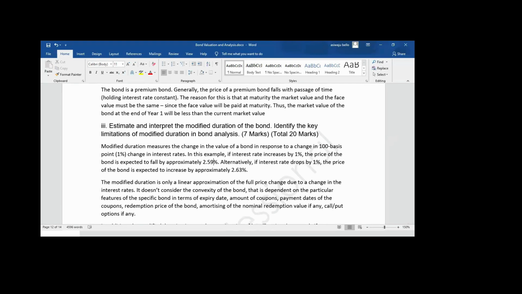So if the interest rate increases by 1%, the price of the bond is expected to fall by approximately 2.95%. Alternatively, if the interest rate falls by 1%, the price of the bond is expected to rise by approximately 2.95%.